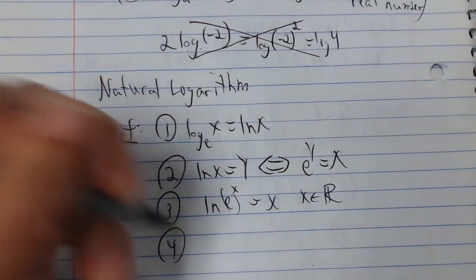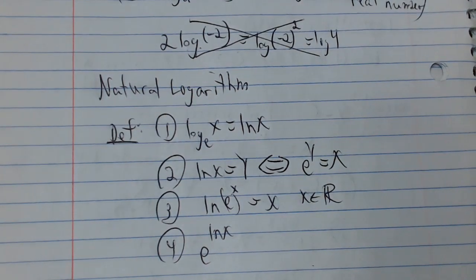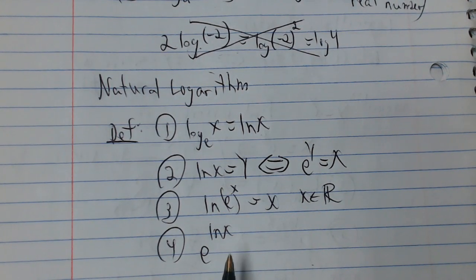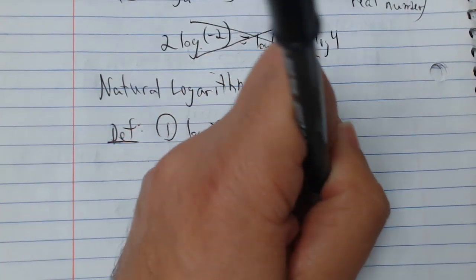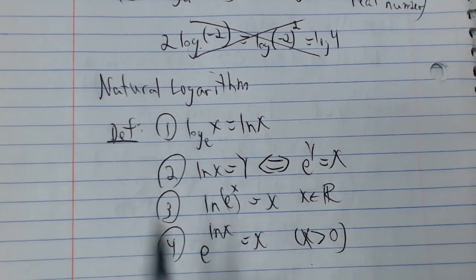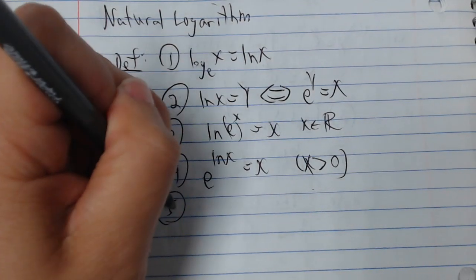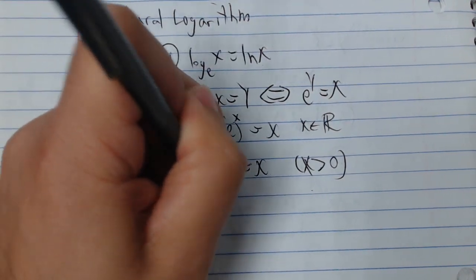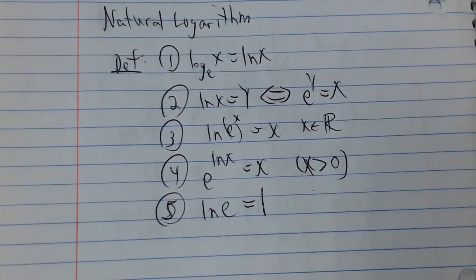And then the fourth step is, what if I have e to the power of ln of x? Remember, we had a to the power of log base a, so this is the same thing, e to the power of the same base. That'll also be x, and of course, remember, x has to be greater than 0 because of the domain of ln. And then, of course, this one we should all know, ln of e is just 1, okay?